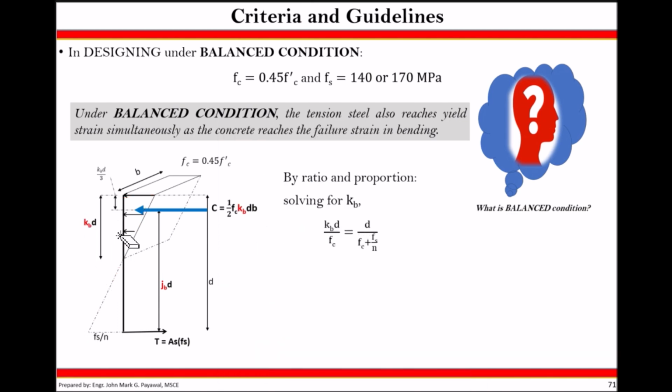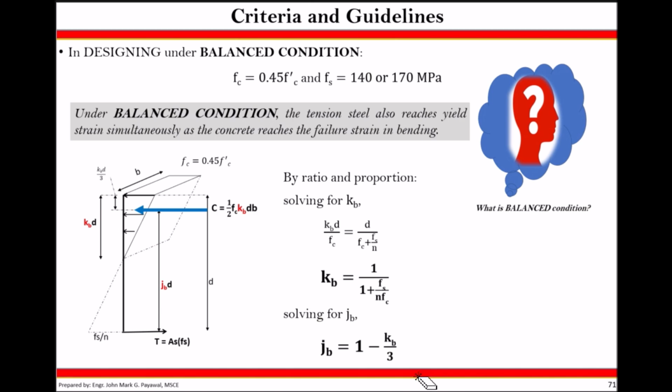So simplifying the terms, we can now solve for kb equal to 1 over 1 plus fs over n fc. Again, fs is your tensile stress for your steel. And here, fc is your compressive stress in your concrete. k is the transition factor under balanced condition. For j, it's similar, 1 minus k over 3, but we indicate that the k value would be under k balanced.